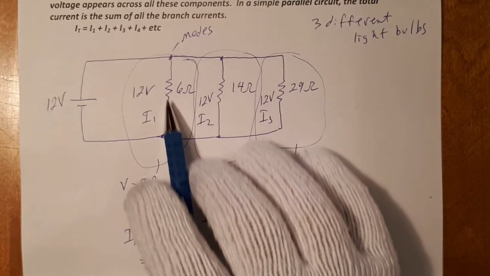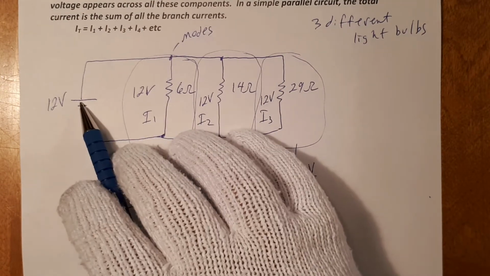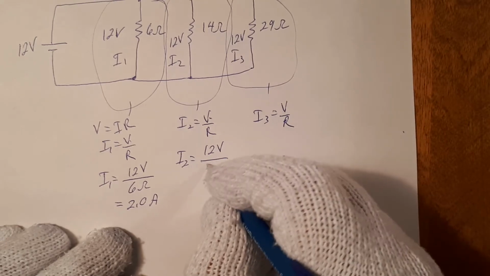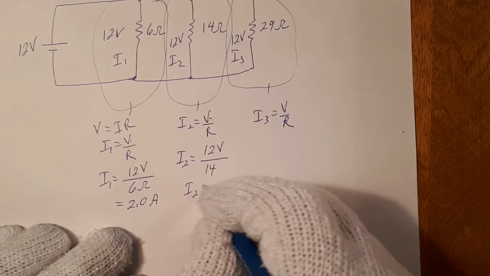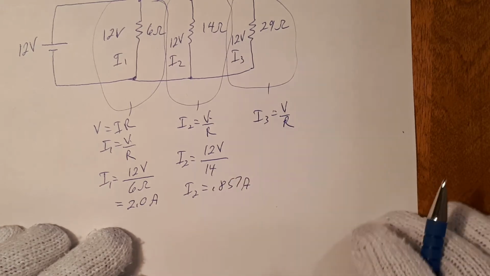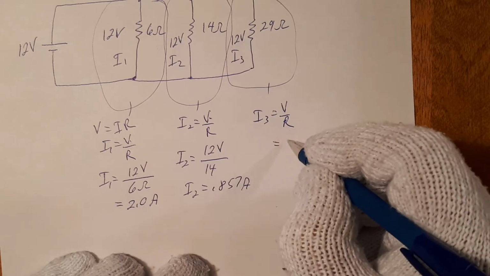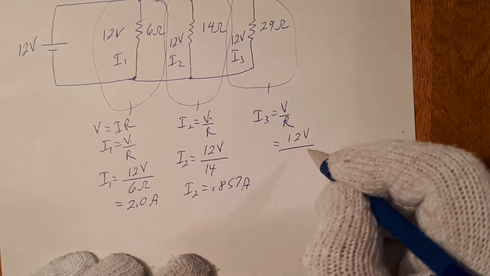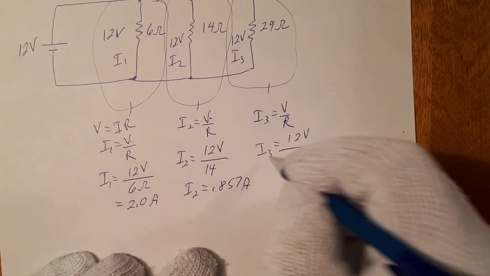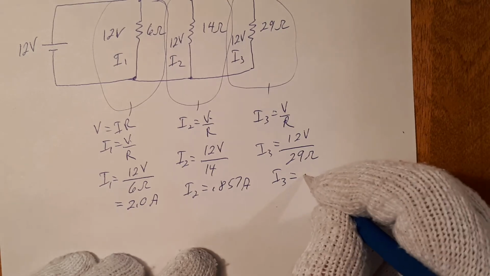In a parallel circuit, the voltage is the same throughout all the branches, same as the battery, divided by 14. And current 3, doing the same thing, is 12 volts divided by the resistance, 29 ohms, and current 3 is equal to 0.414 amps.